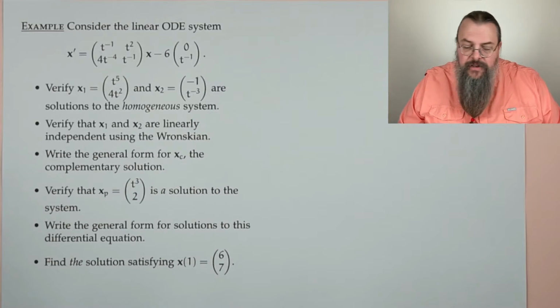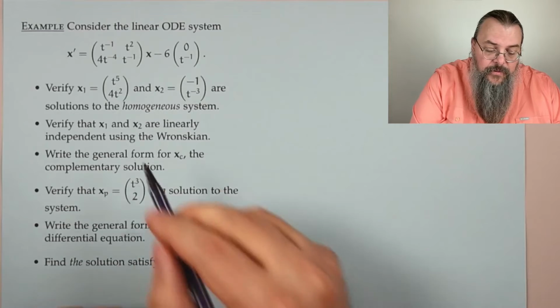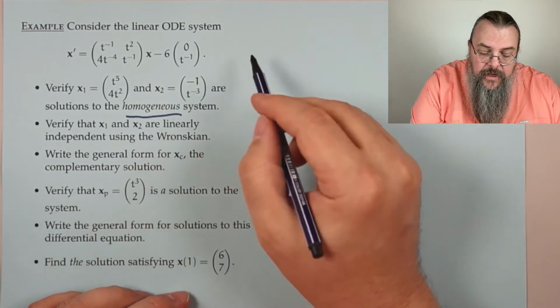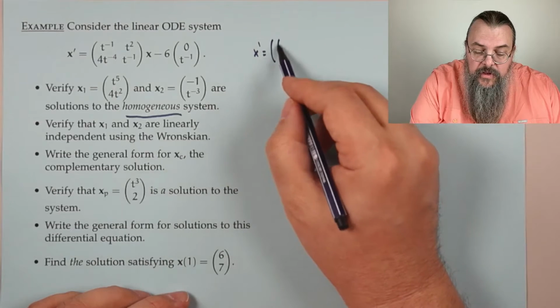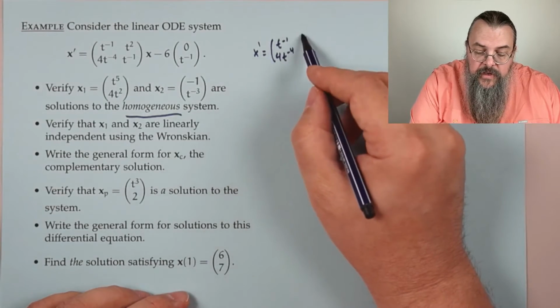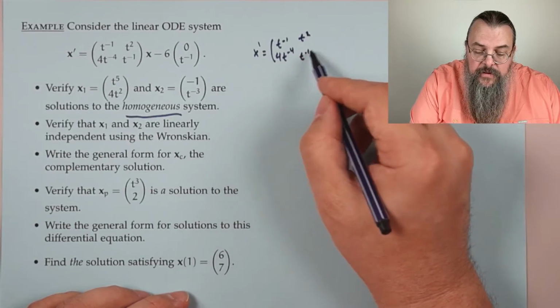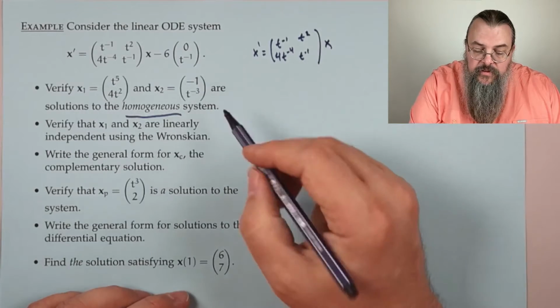The homogeneous system says we don't want any f of t. So for this part, we want x prime equals t to the negative 1, 4t to negative 4, t squared, t to the negative 1, times x. So this is our homogeneous system.